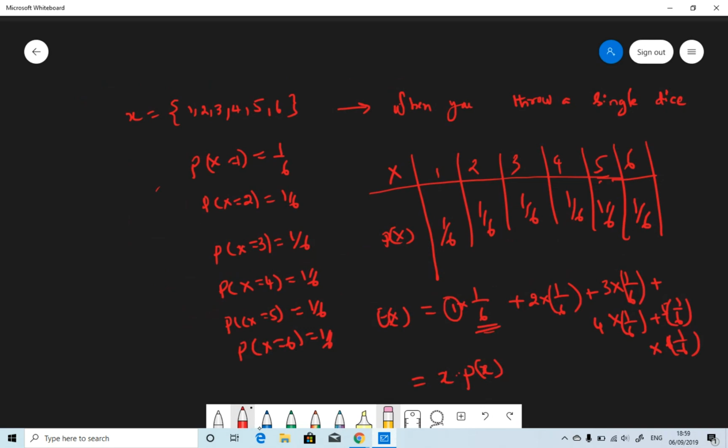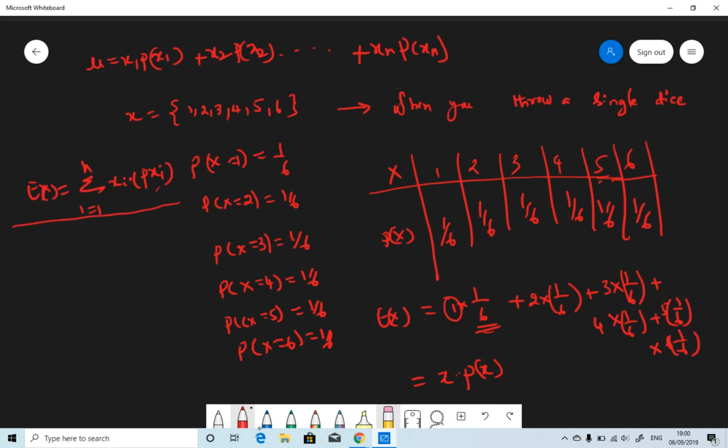So we are going to extend this idea: mu equal to x1 into p of x1 plus x2 into p of x2 and so on up to xn into p of xn. So what is the expected value? I can write it as sigma i equal to 1 to n of xi into p of xi. Can we write it this way? This is the expected value.